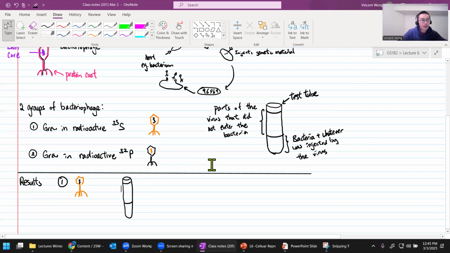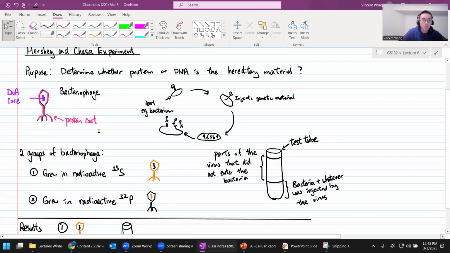Okay. Well, let's recap a little bit. The outer portion is the protein, which we know does not go into the bacteria, right? And then the core is where you will have the DNA, and we know now that's the stuff that went in.